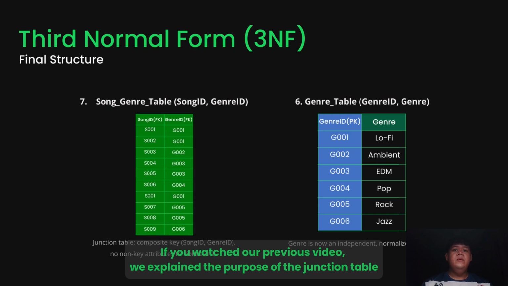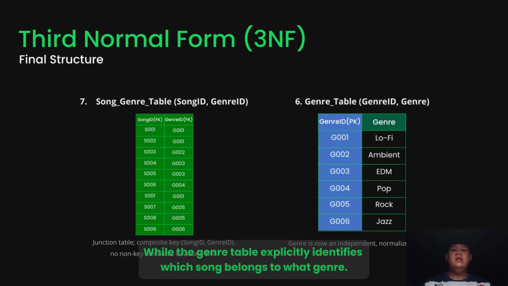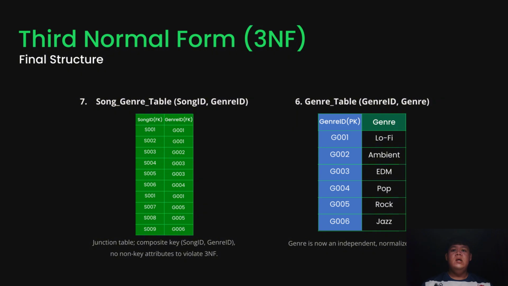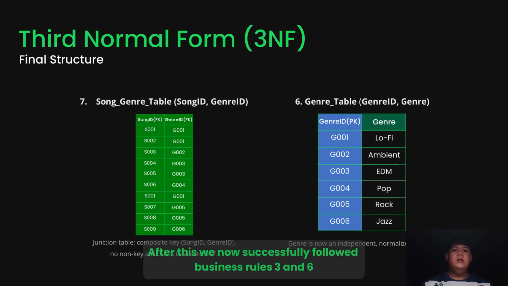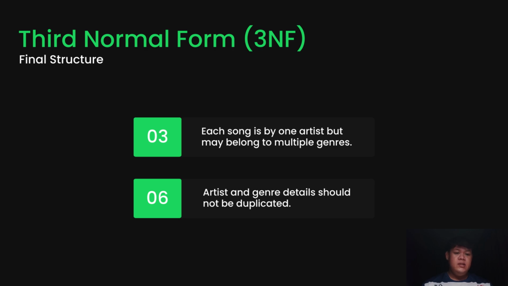If you watched our previous video, we explained the purpose of the junction table, while the genre table explicitly identifies which song belongs to what genre. After this, we have now successfully followed business rules 3 and 6.